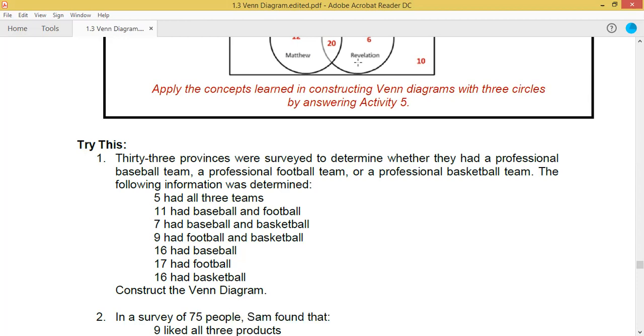You need to copy the problem first so that you can follow me as I use my whiteboard. Let's first write the details at the side of the whiteboard. Remember, there were 33 provinces being surveyed. Then we note how many like all 3. There were 5.